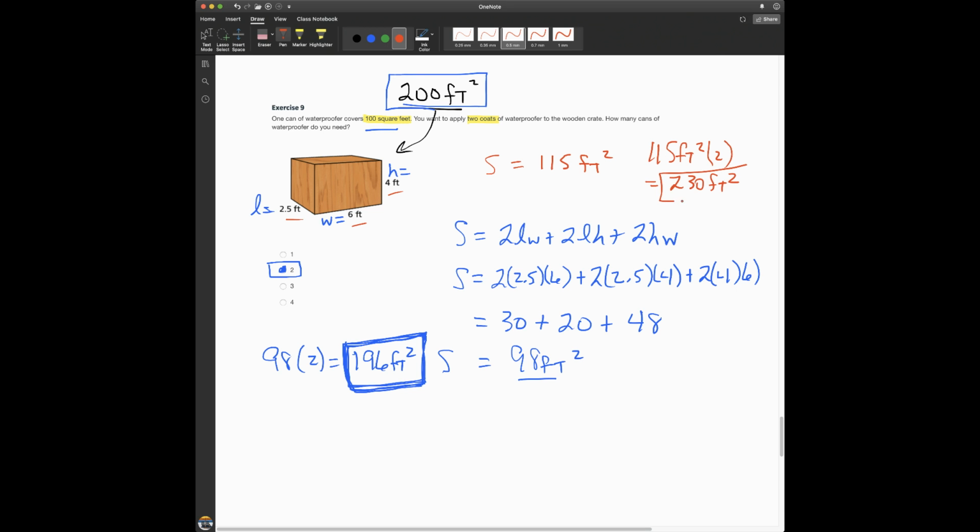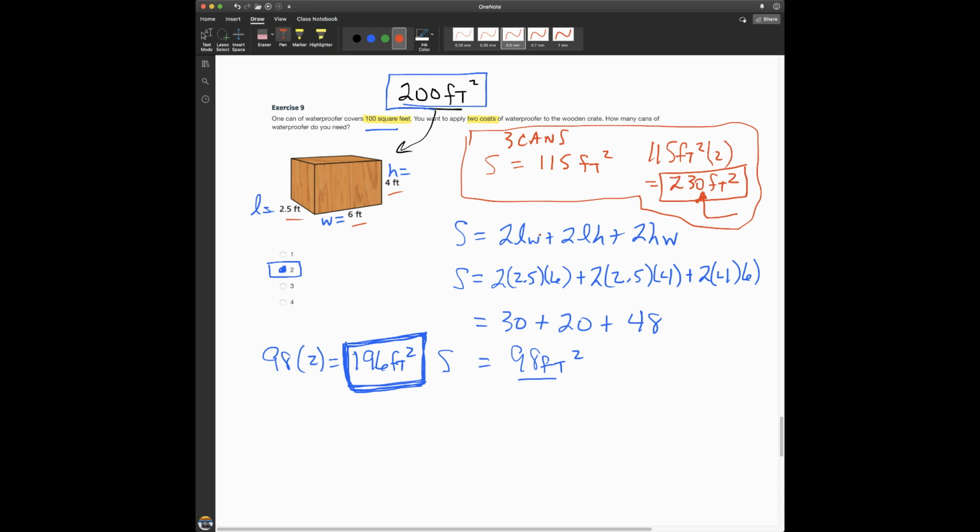So this is the key number, all right? And 2 cans of waterproofer only covers 200 square feet. So I would have to buy another can of waterproofer to cover that 30 feet. I'm going to have leftover. Okay, so in this example, you would need 3 cans.